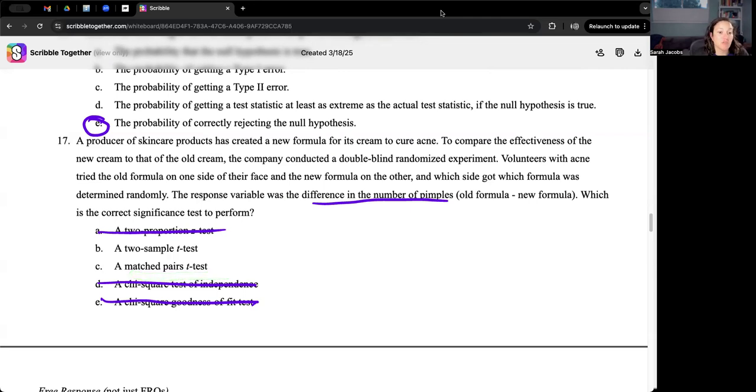This is a matched pairs t-test for a mean difference, an average difference, because we're actually running our test on the old formula minus new formula. So that's a matched pairs test. Matched pairs tests often compare either someone to themselves, or like twin studies are often matched pairs tests. You'll see that a bunch.